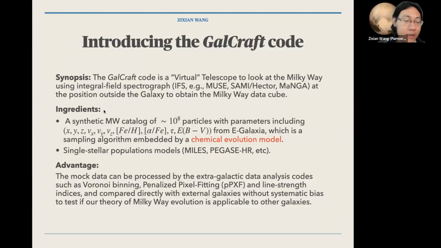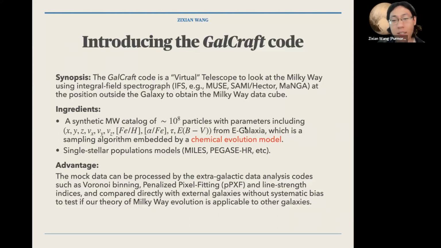And for the ingredients to achieve that, I need a synthetic or mock Milky Way catalog containing a number of particles with parameters including position, velocity, metallicity, alpha, age, and extinction.